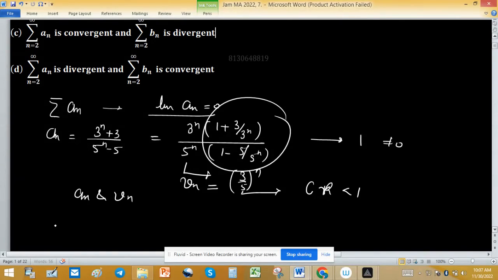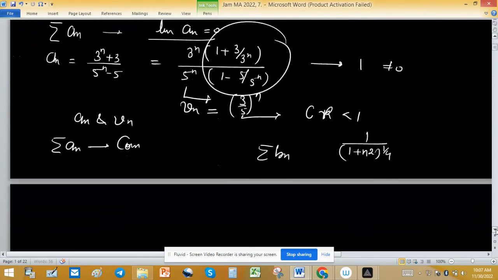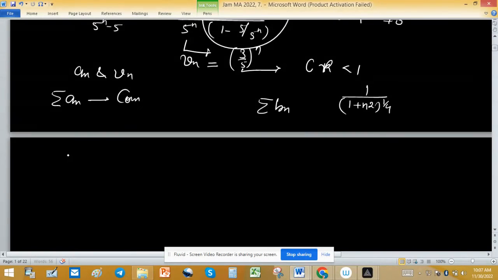Now we have reached that summation an is convergent. Now try to find out whether summation bn is convergent or not. For this, you can consider bn as 1 plus n square raised to the power 1 by 4. Now take n square common from the denominator.